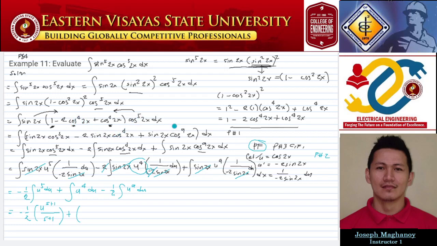This is supposed to be 9, right? In our expansion, squared, 2a. Okay, this is supposed to be 2 only.